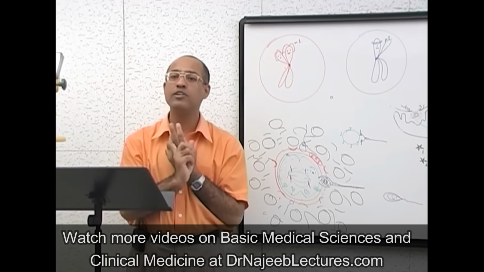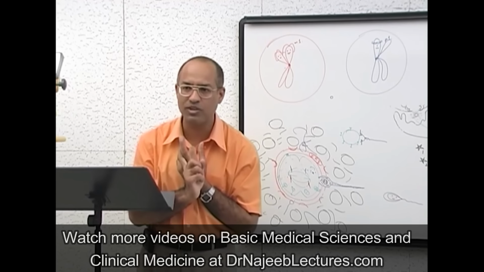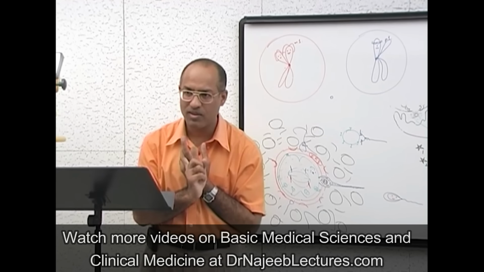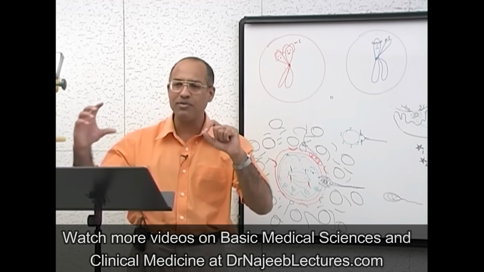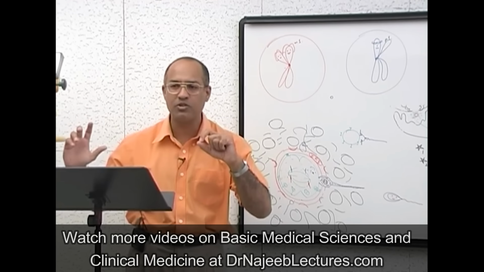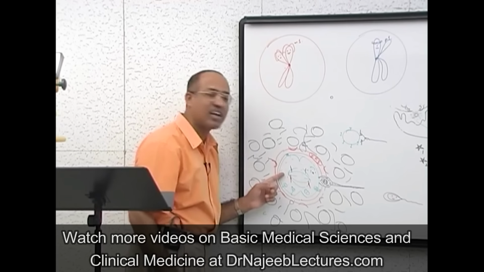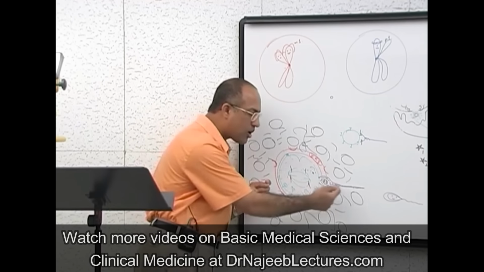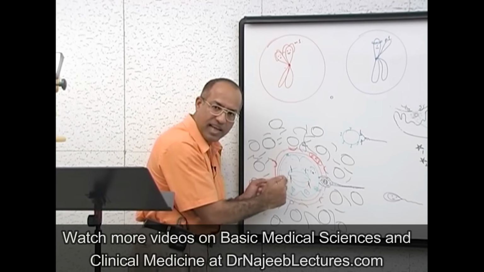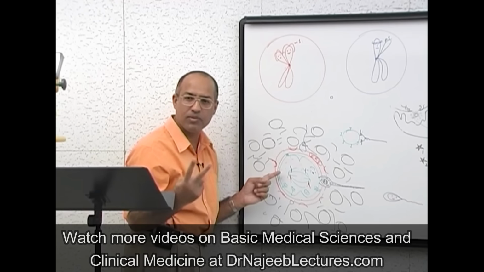Number 2, establishment of chromosomal sex of the new individual. Because all the ova have X chromosome, but half of the sperm have X chromosome and half of the sperms have Y chromosome. So actually at so early a stage, at chromosomal level, sex has been determined. If ovum brought the X chromosome, the maternal X plus paternal X make a female baby, female fetus.